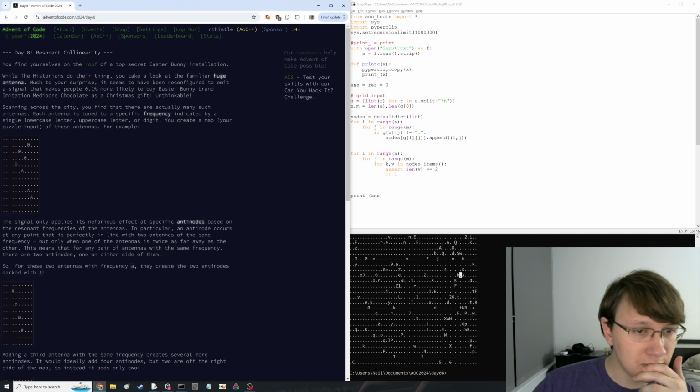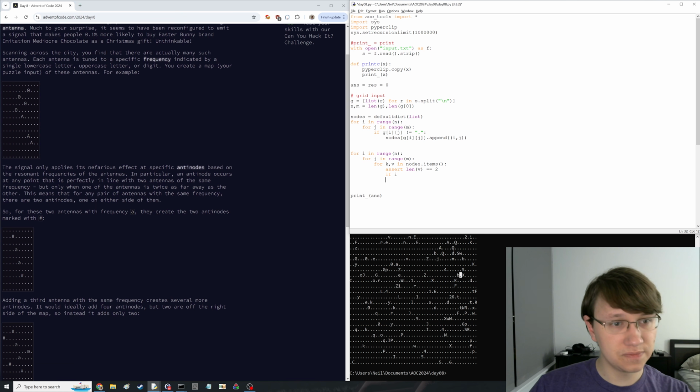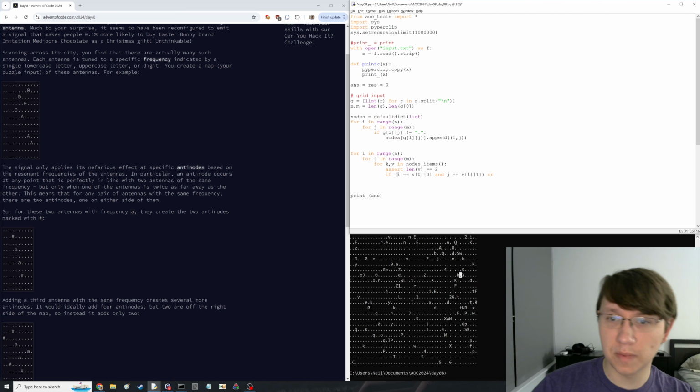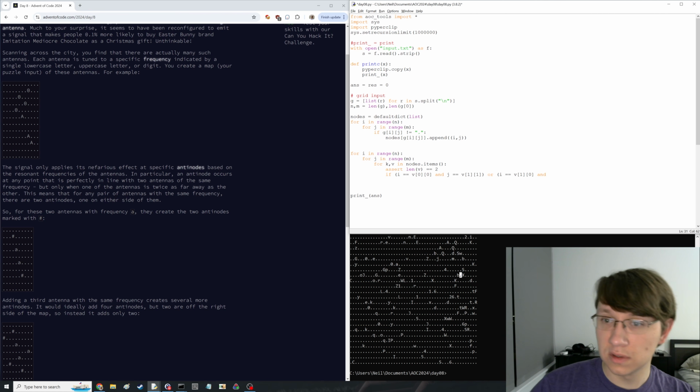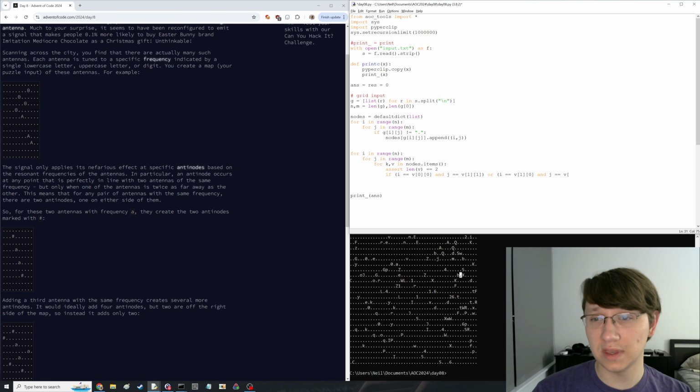We need to be in the same row or column as both of these. If I is equal to v0, 0 and j is v1, 1, or that's one of the 2 possibilities. Or I is equal to v0, 1, and no, I is the first coordinate, 1, 0, and j is equal to v0, 1. I think this is it.